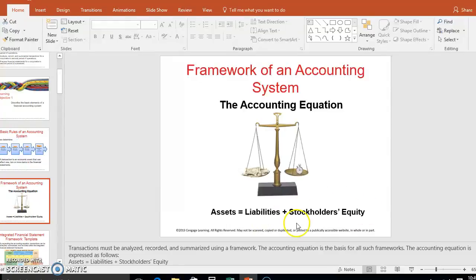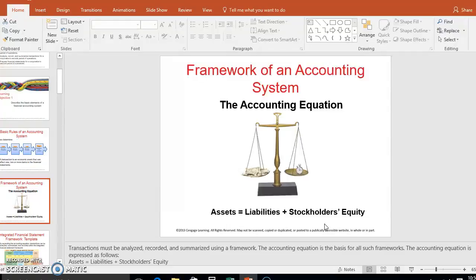And then equity, stockholders' equity, is made up of a couple different things. It's made up of revenue, and revenue is what you earn by doing your job. That increases equity. Expenses are any debt that you may incur or pay because of your job. Also involved are any contributions that the owners of the company make to the business.